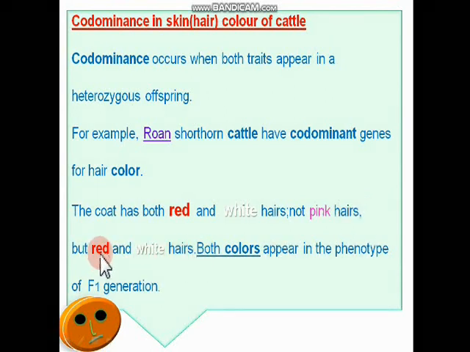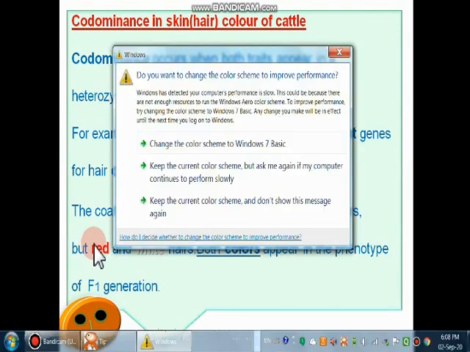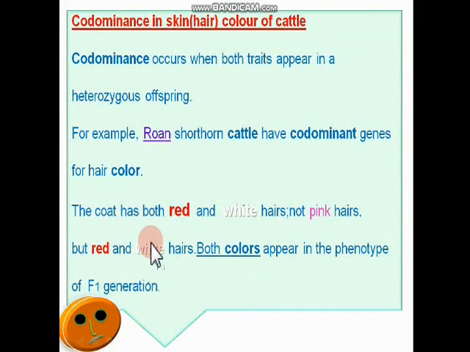Here both red and white hairs, both colors, appear in the phenotype of the F1 generation because of the dominant genes. The red color hair has dominant genes, and the white color hair also has dominant genes.